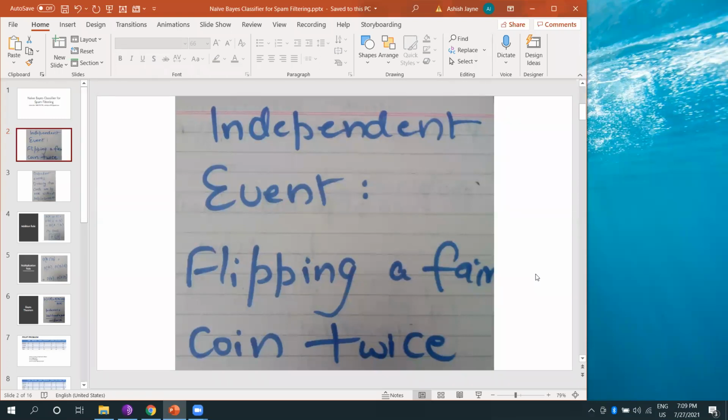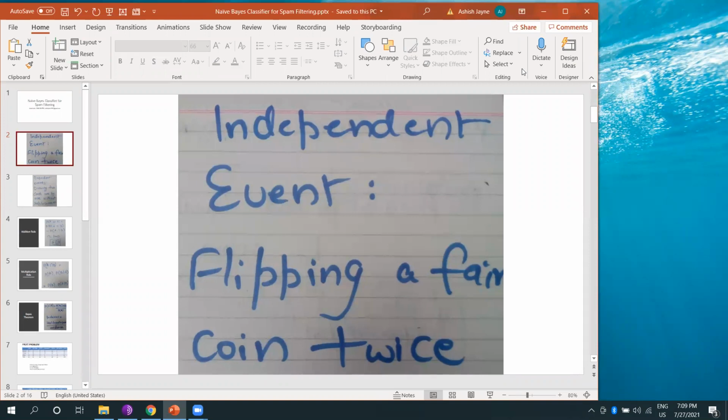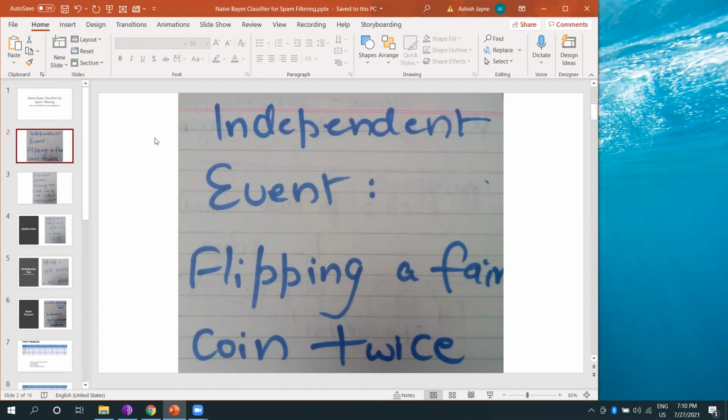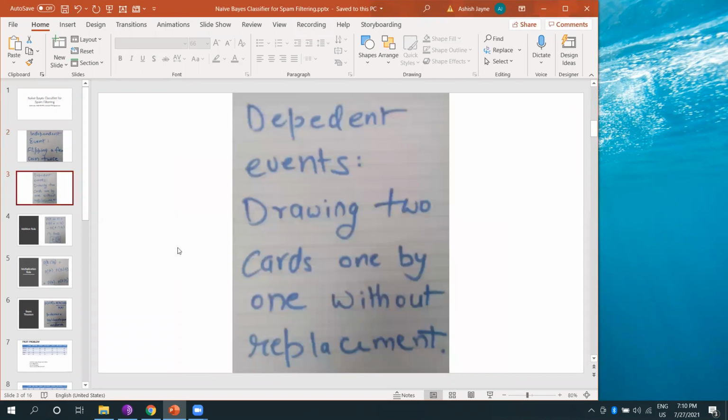When you flip a coin twice, this event of flipping a coin twice is independent. These two events are independent events. Now comes the concept of dependent events.